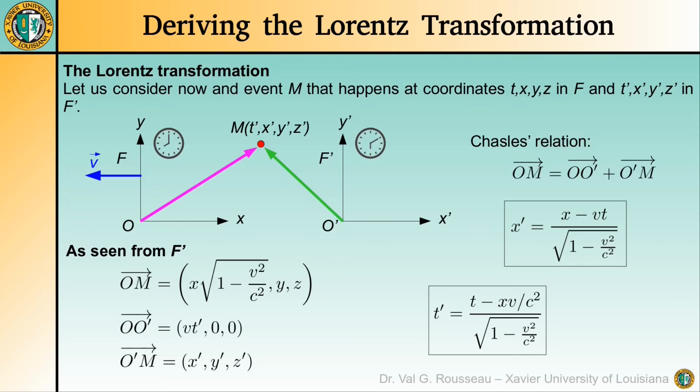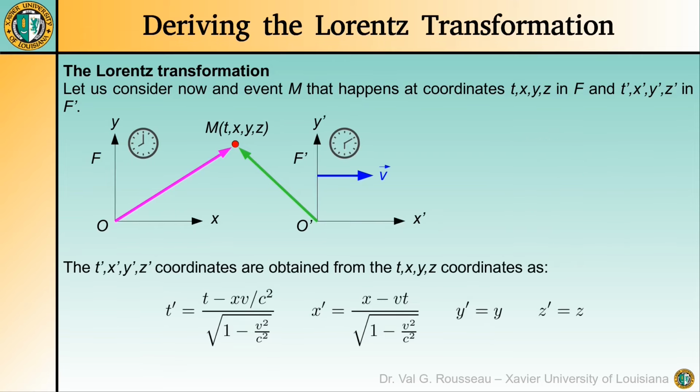We have now the complete Lorentz transformation for the case where the relative motion of the frames F and F prime is parallel to the x-axis. It is now easy to generalize it to any direction for the velocity.